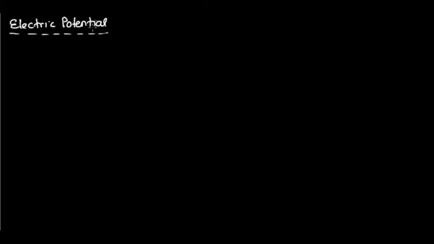When we are studying electrostatics, we are studying the different behavior of charges at rest. Then we talk about the force between 2 point charges given by Coulomb's law. We talk about electric field. This electric force and electric field are vector quantities, meaning they have magnitude as well as direction, but electric potential is a scalar quantity.